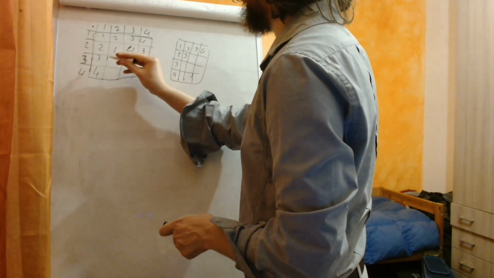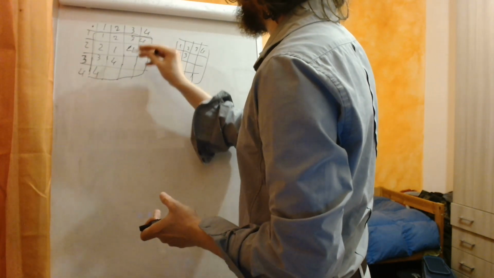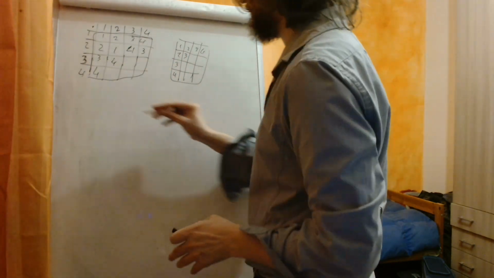Here we can't have 3, we can't have 1, we can't have 2, we must have 4. So we have other two possibilities here. So we copy this: 1, 2, 3, 4, 2, 3, 4.